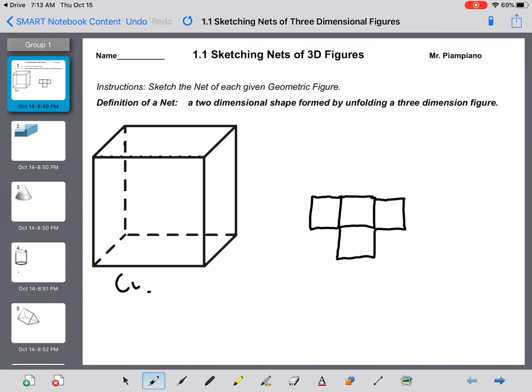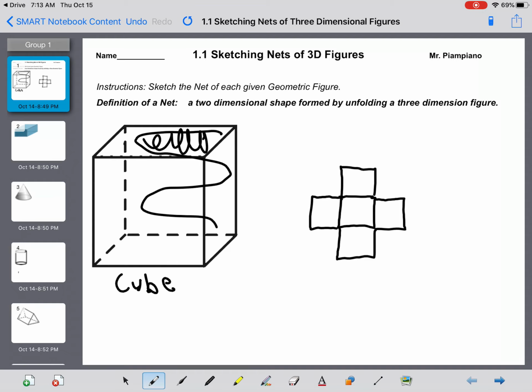The back wall, meaning this one back here, would unfold this way. And the top, meaning the lid right here, would also be attached to that. Now, could you have drawn this the other way? Of course. With the extra square on the bottom, absolutely, on the left, on the right. As long as you have those 6 squares and they would fold up, that's perfectly fine.